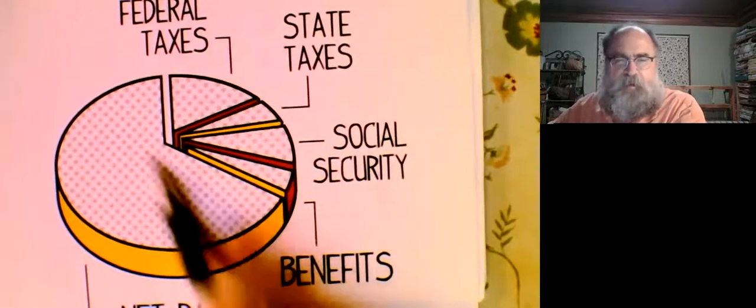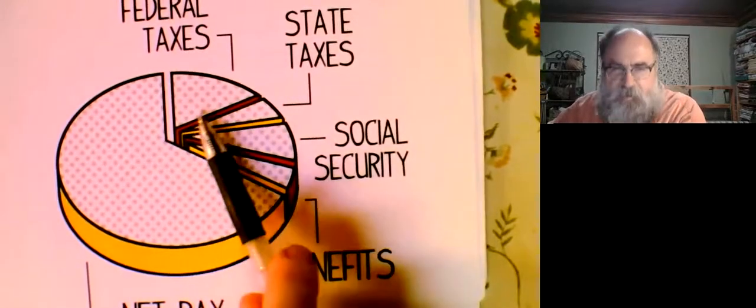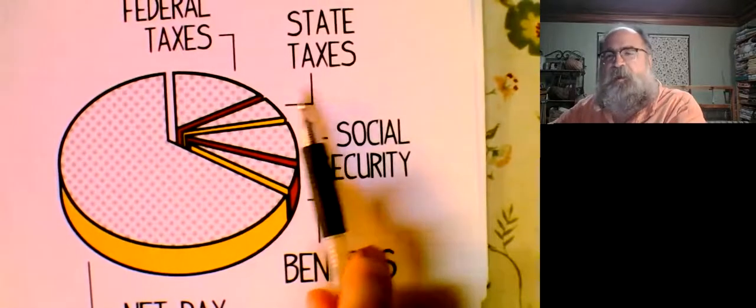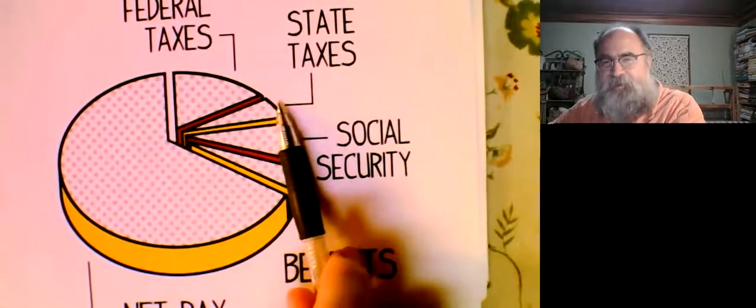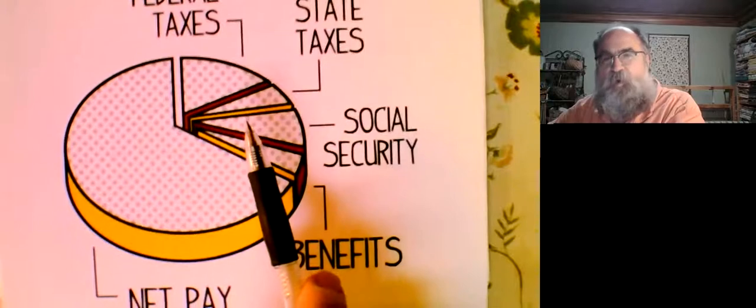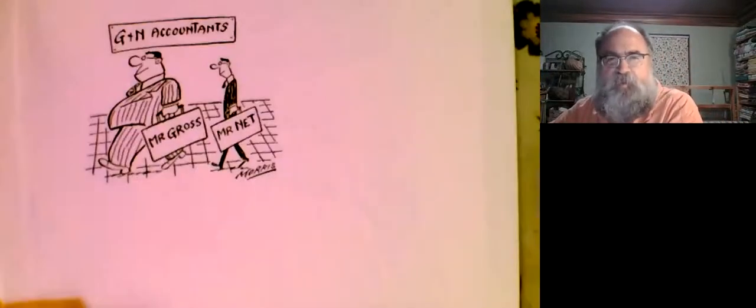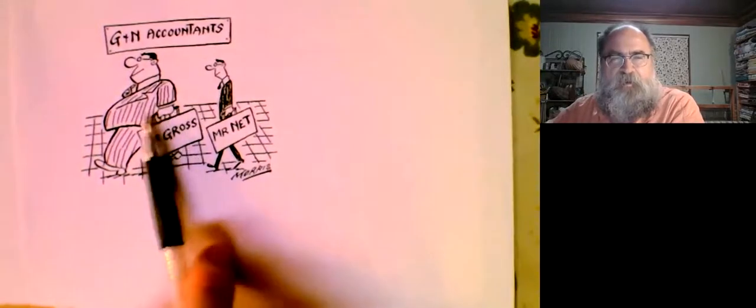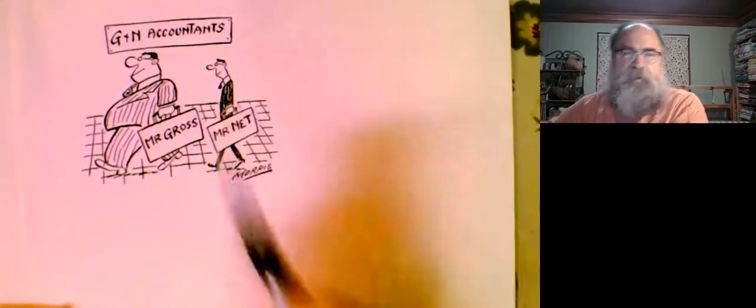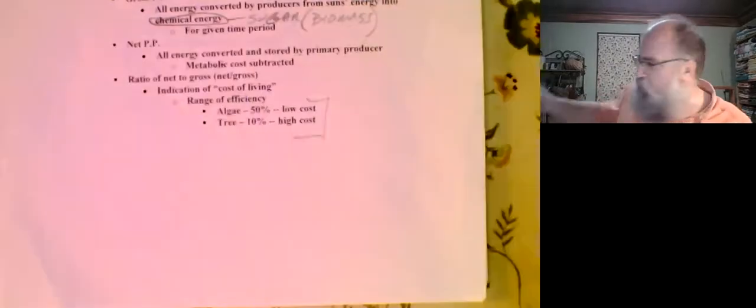And so that 162, after you throw out all the necessary in order to maintain your work life, that's your net pay. So net pay, net productivity, it's what's left over after the expenses. And so look at the girth, right? How fat, how thin, gross and net.